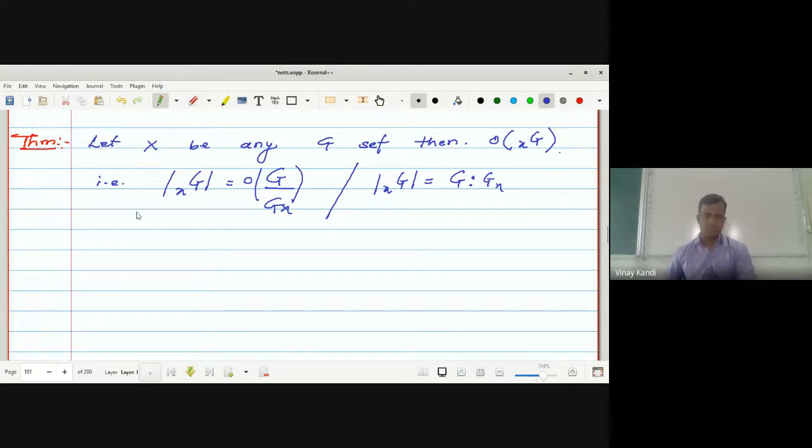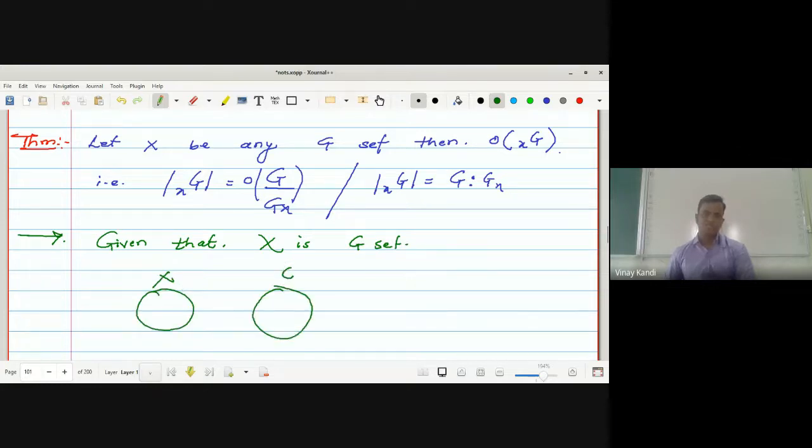Okay, now look at it. Given that, it is given that capital X is a G set. That means suppose this is set X, this is G. So there exists a function from X cross G to X satisfying the two properties.